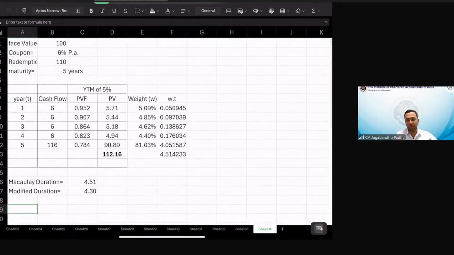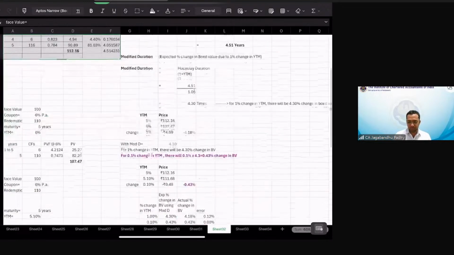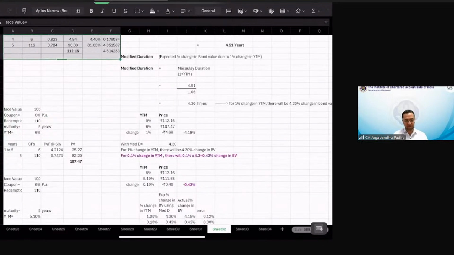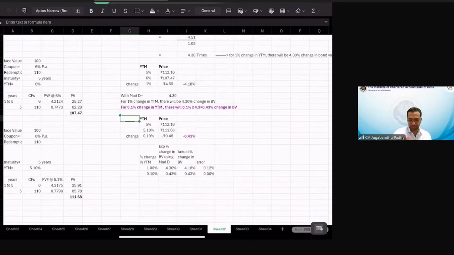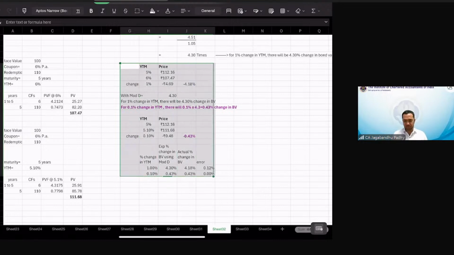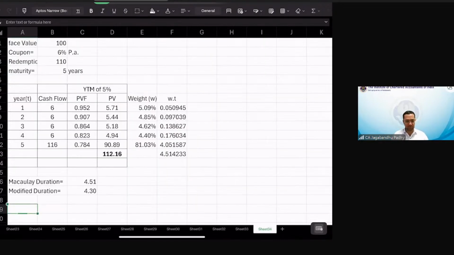Now we have to add the convexity adjustment, and we will observe that the change that we were looking for in the previous things, when we computed the value of the bond using this 5%, 6%, and we found that error. So let me just copy this over there so that it will be a reference for us.